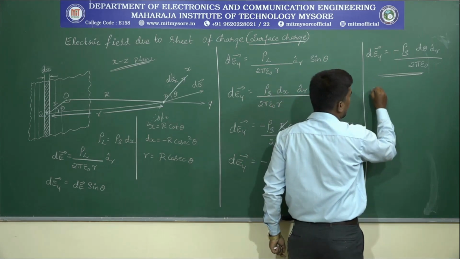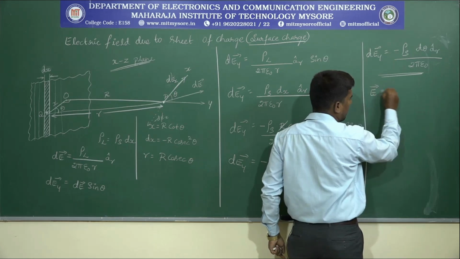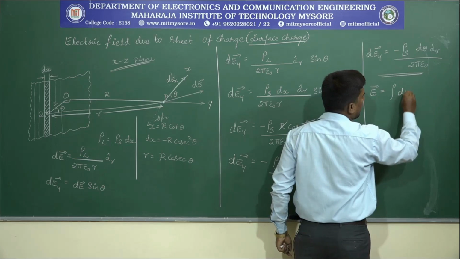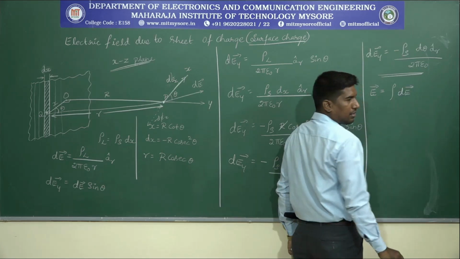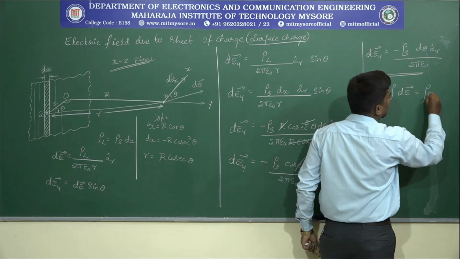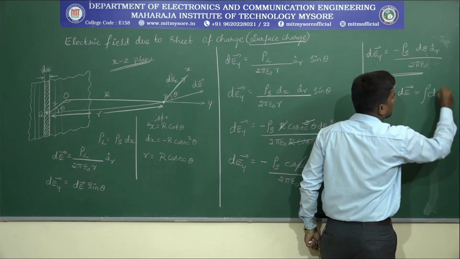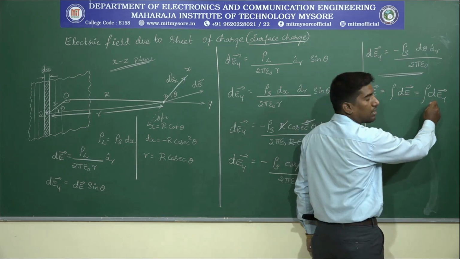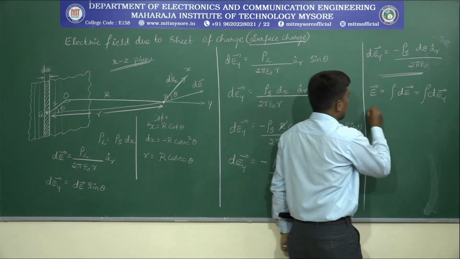Now, the total electric field intensity E is equal to the integration of all the elementary electric field intensities, but in this case we have only the y components, x components are 0. Therefore only dEy is considered.